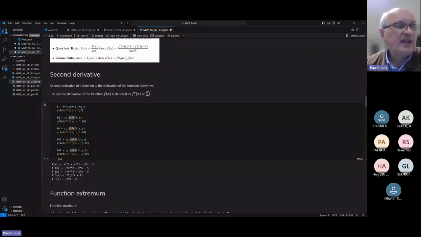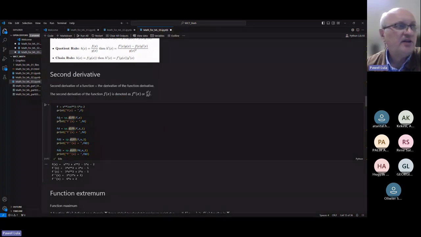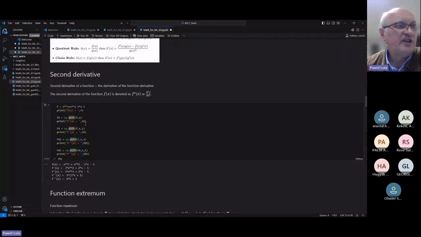And the result was assigned to the fd object. And I printed this fd object. And the formula for calculating the first derivative is here, 3 multiplied by x to the second power plus 2 multiplied by x minus 5.